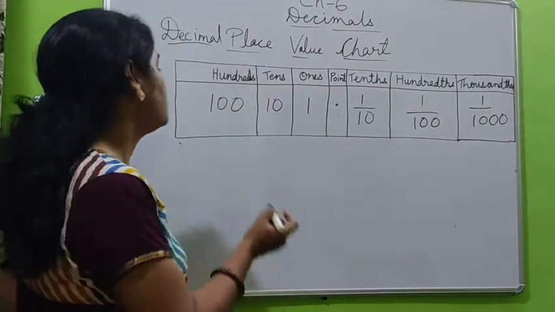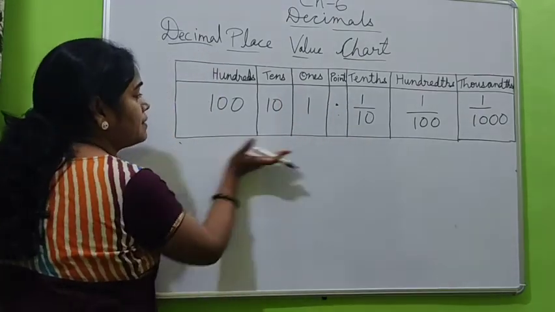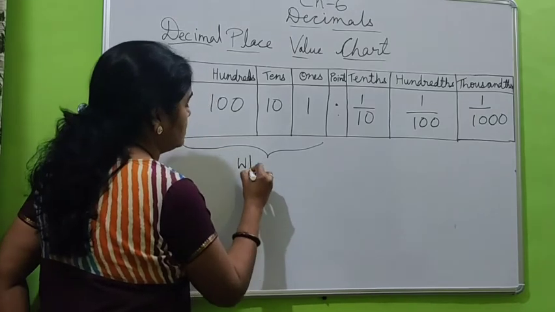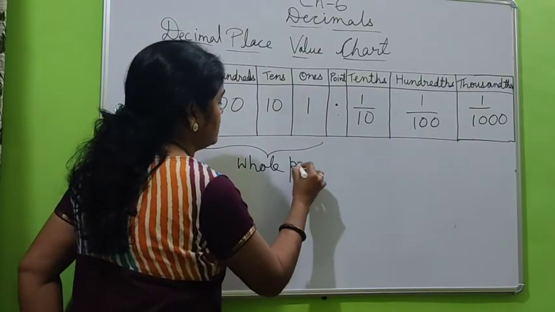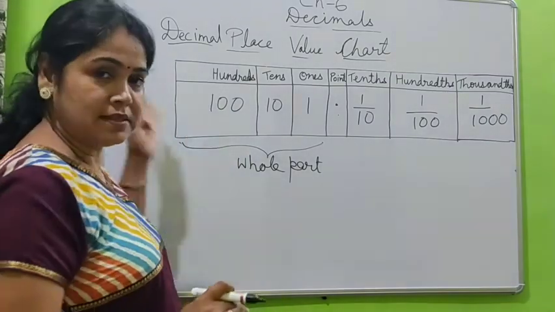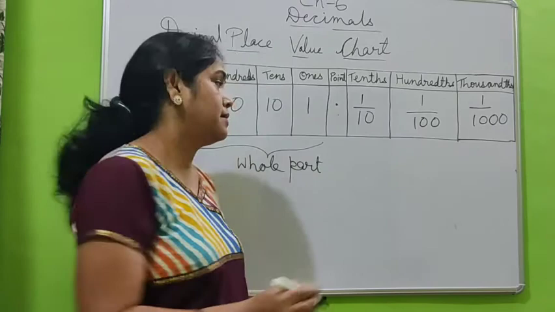Okay. So this part, the whole part, we are writing here: ones, tens, 100, 1000, 10,000. But after the whole part, decimal parts are there.